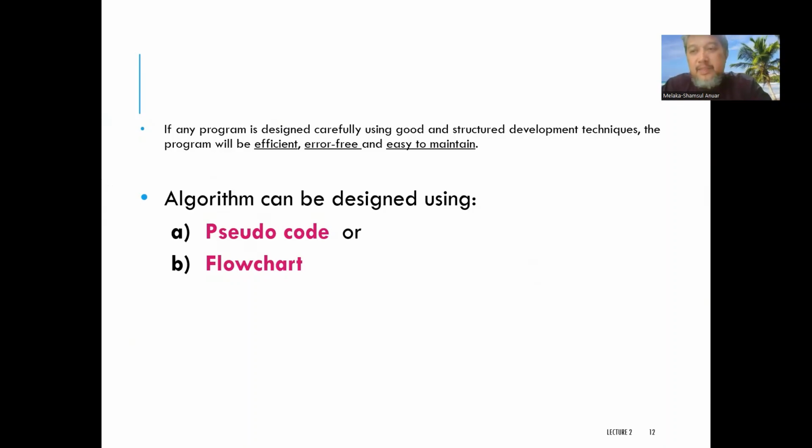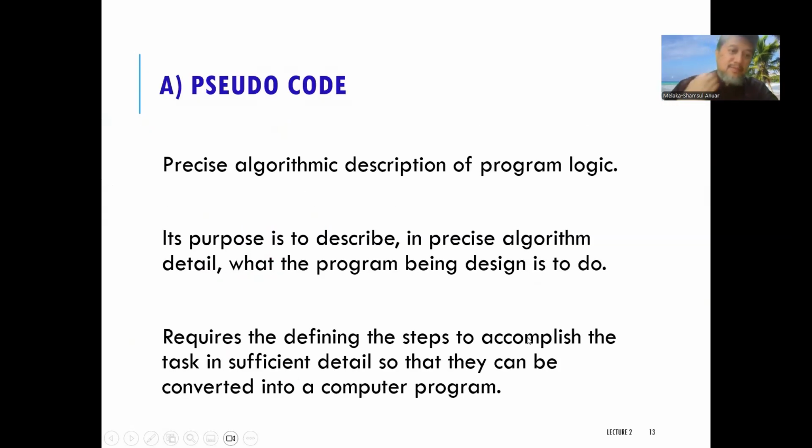Okay, so when we talk about algorithm, the steps can be shown, designed, or constructed using two approaches. Number one is pseudocode, and number two is flowchart. Pseudocode is a precise algorithmic description of programming logic.